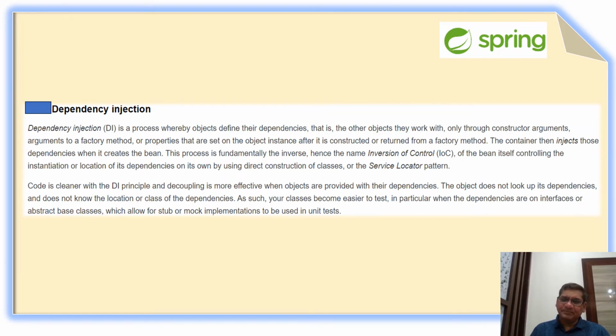Dependency injection. Dependency injection is a process whereby objects define their dependencies. This process is fundamentally the inverse, hence the name inversion of control, of the bean itself controlling the instantiation or location of its dependencies on its own by using direct construction of classes or the service locator pattern.